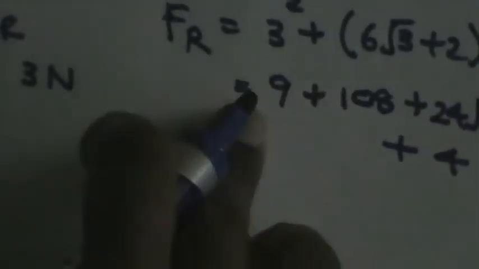So 108 plus 9 is 117, 117 plus 4 is 121, plus this 24 root 3.